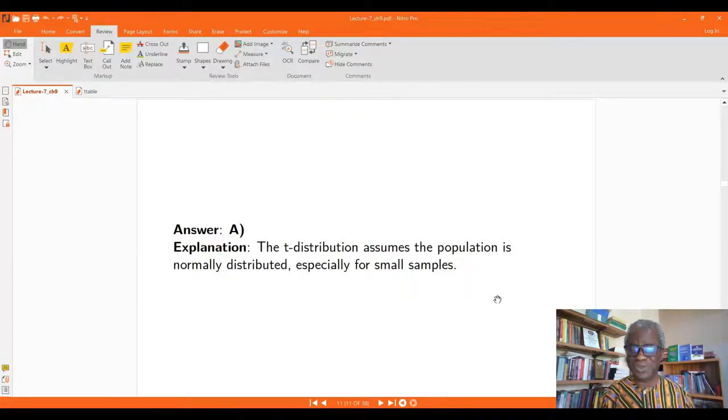For those who are choosing B, it assumes that the population standard deviation is unknown. So for you to use the t-distribution, one, the underlying population is normally distributed, and two, the population standard deviation is unknown, not known.